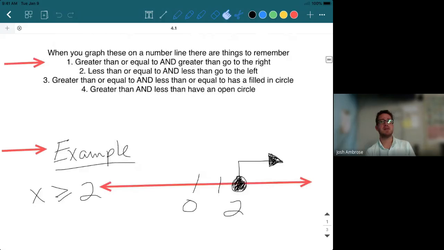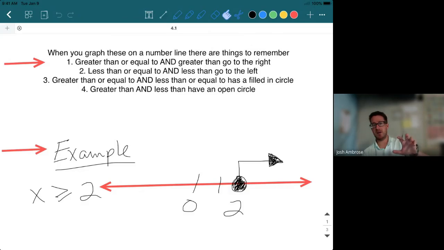When you're graphing these on a number line, you have to remember that the inequality means two different things. It tells you whether you fill in the circle or leave it open, and it tells you what direction the arrow needs to go. If you have a greater than symbol, it's open and going to the right.